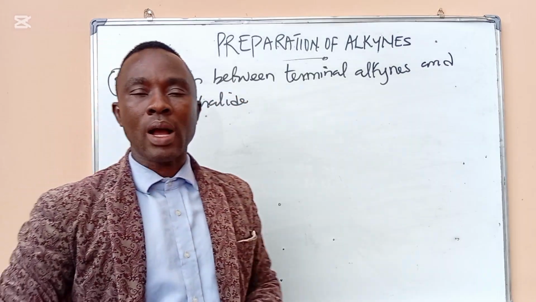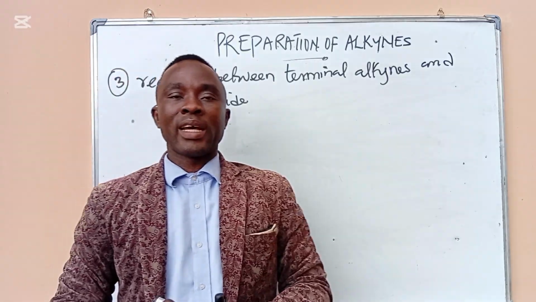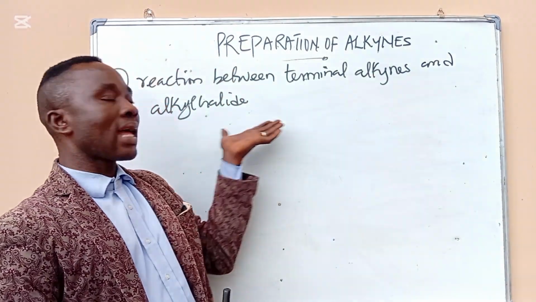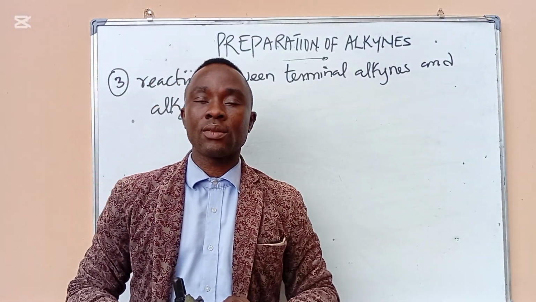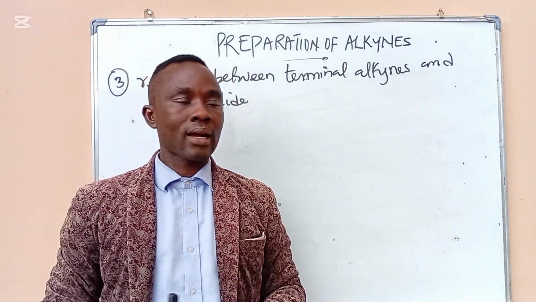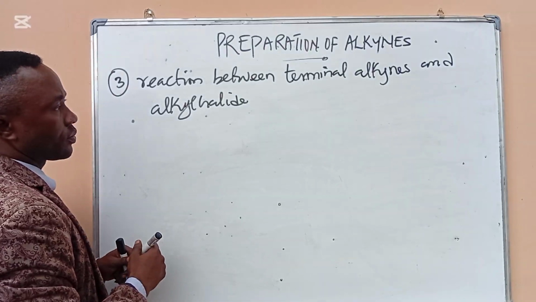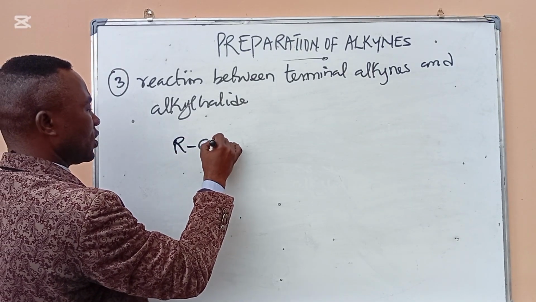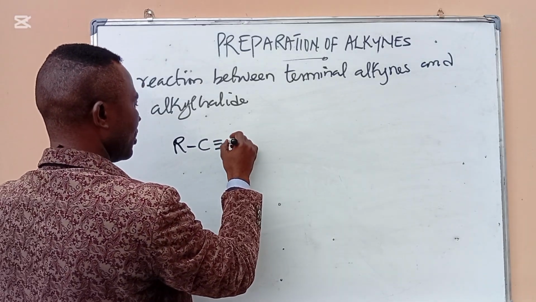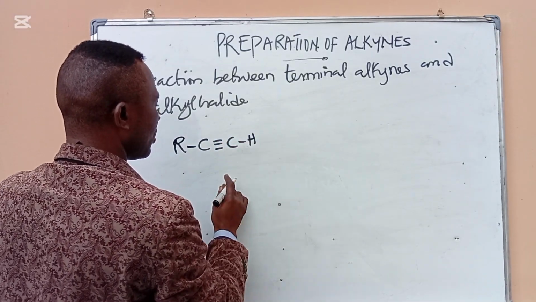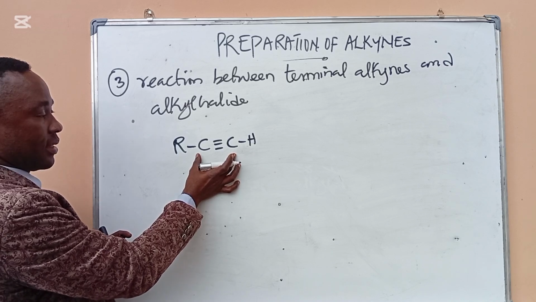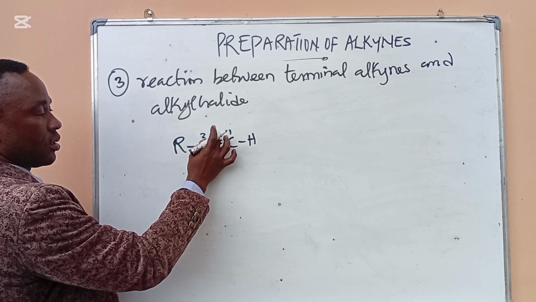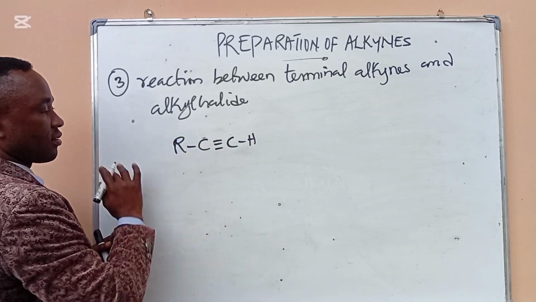So another way we can prepare alkyne is by the reaction between terminal alkynes and alkyl halide to give us an alkyne of longer carbon. Now, if we have an RC triple bond CH, this is what? A terminal alkyne, because the triple bond is at number 1. So this is a terminal alkyne.